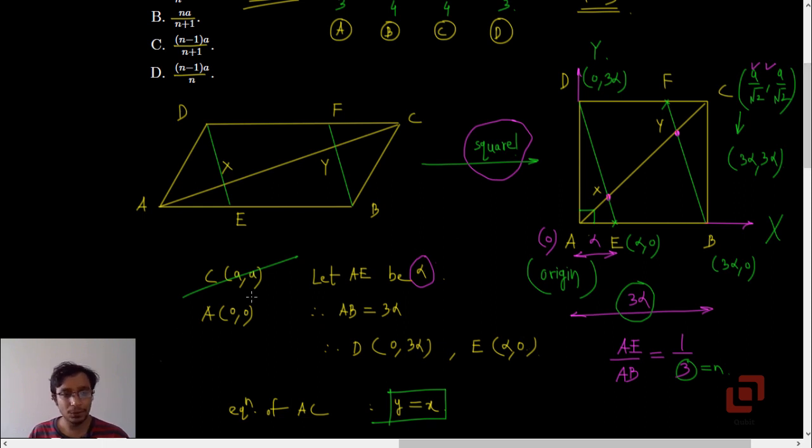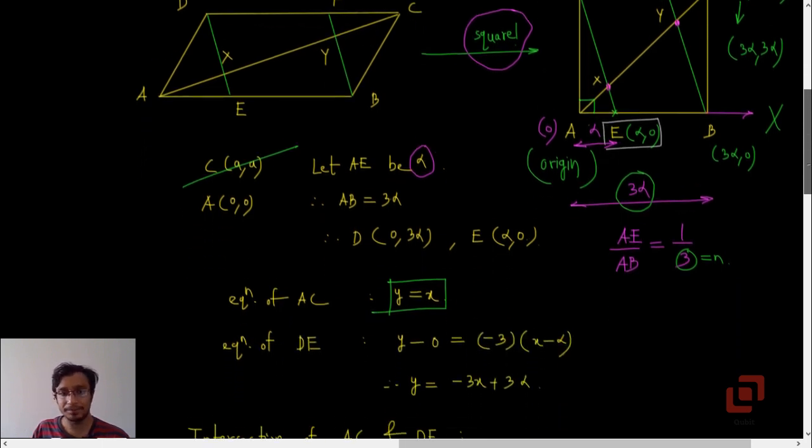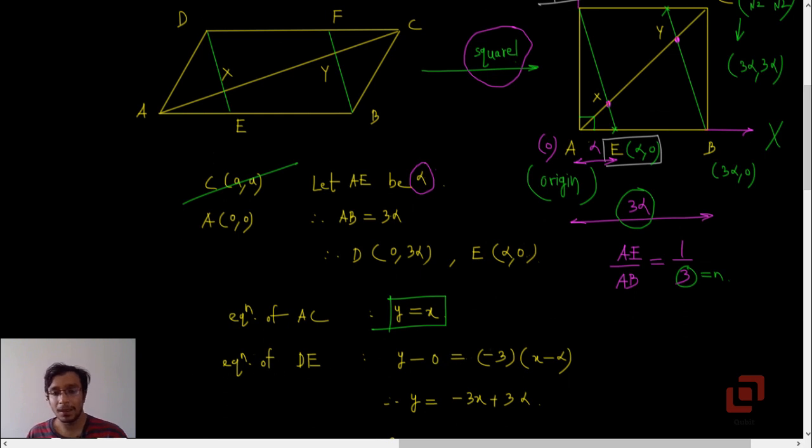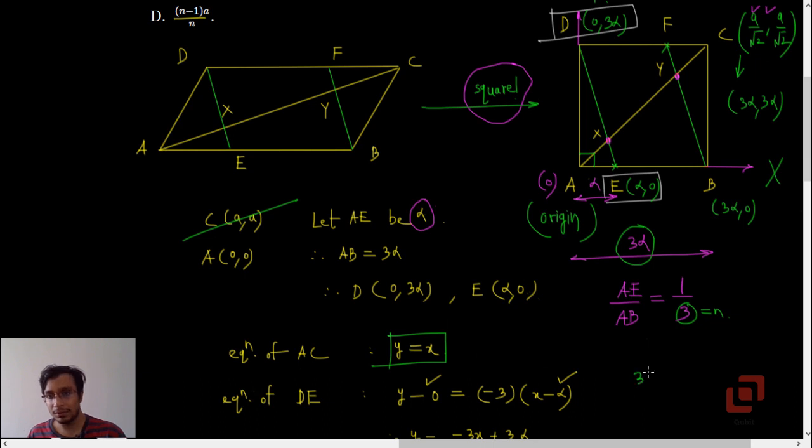Yes, we know two points on that line, D and E, so we can find the equation of DE. Y minus y1 equal to m into x minus x1. To find the slope, use y2 minus y1 over x2 minus x1. So 3 alpha minus 0 upon 0 minus alpha will be the slope of DE. That will be 3 alpha upon minus alpha, or minus 3.